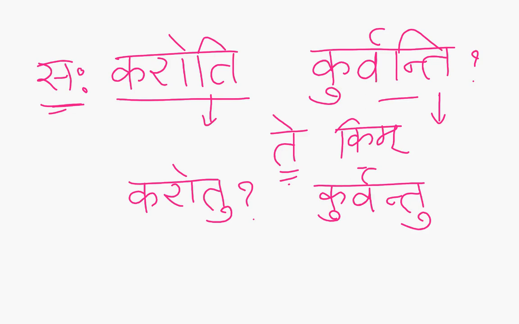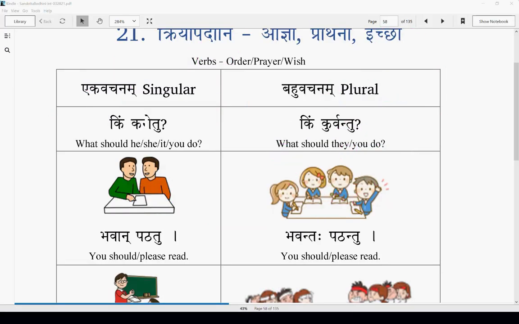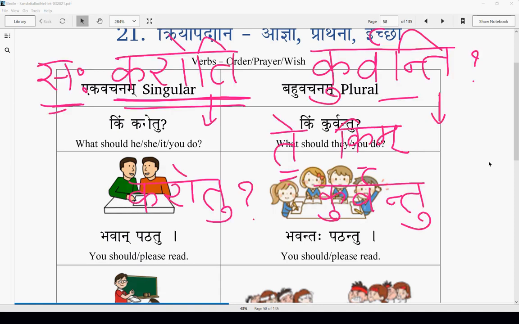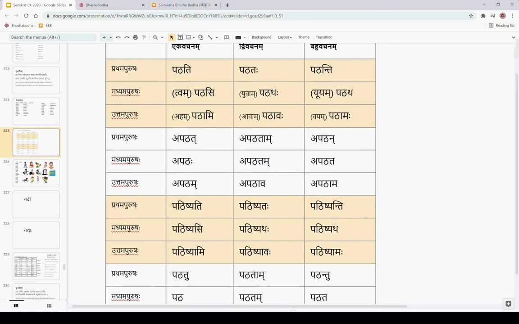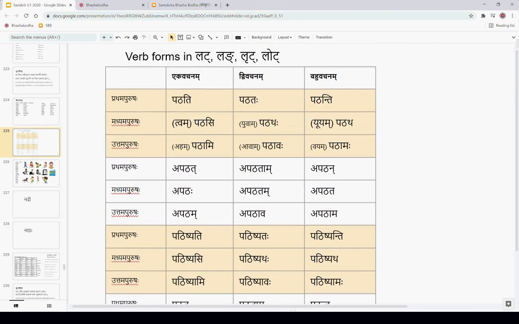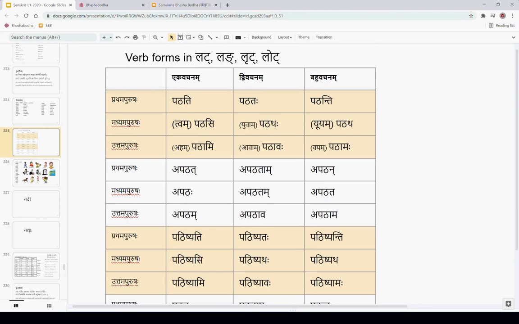Note that this karotu, or karoti, belongs to which purusha? Is it prathama purusha, madhyama purusha, or uttama purusha? Prathama purusha. Who can be the doer word?